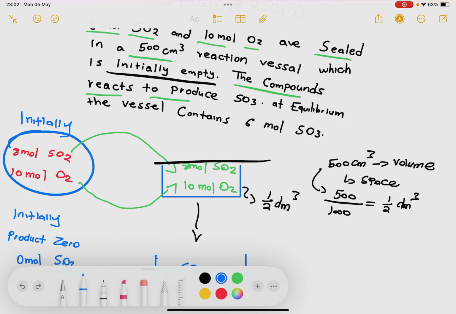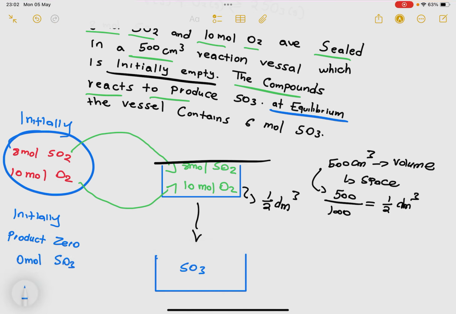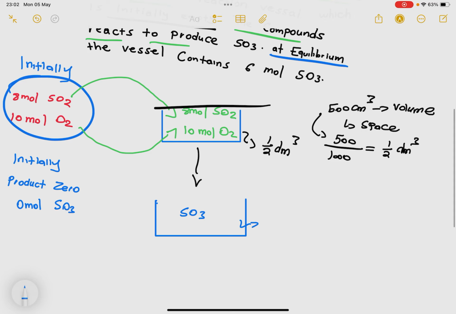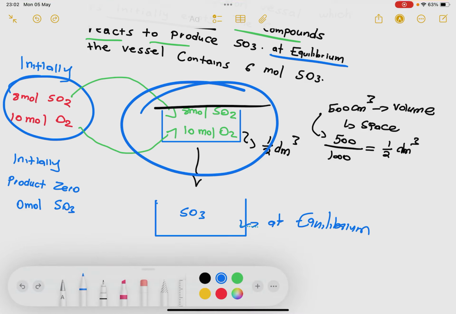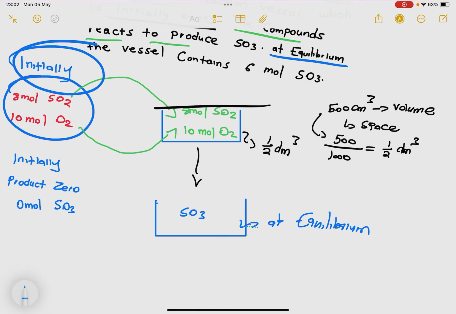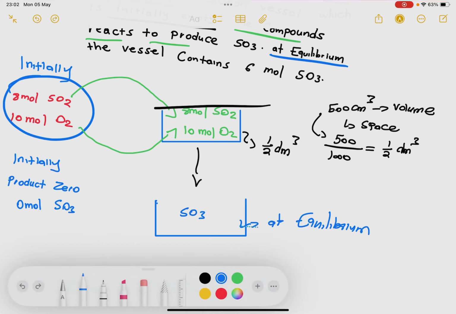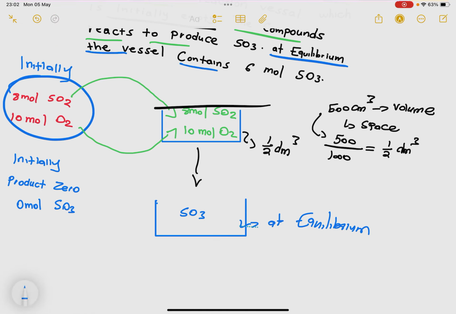But where is this SO3 being produced? This is very important. It is produced at equilibrium. So this is where it is at equilibrium. Remember, this other one is at initial. So the vessel contains 6 mole of SO3.